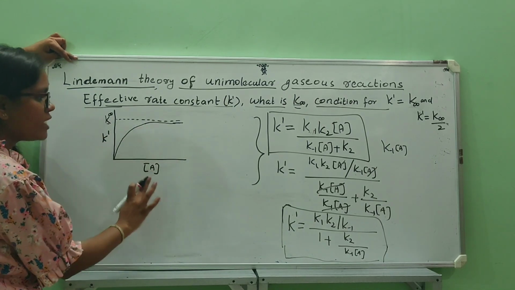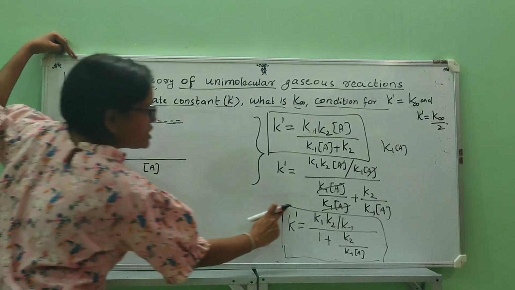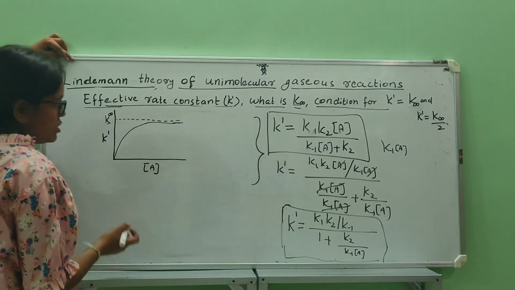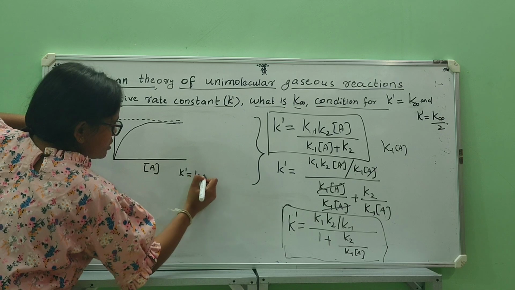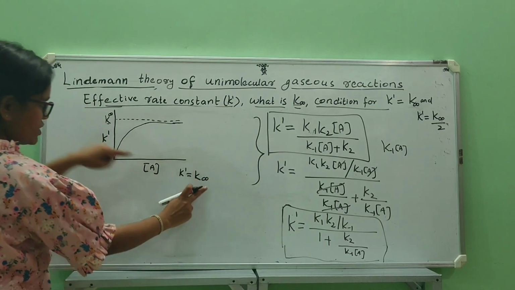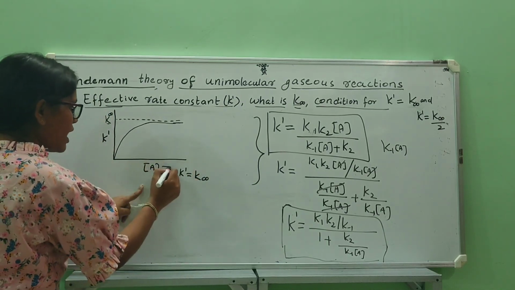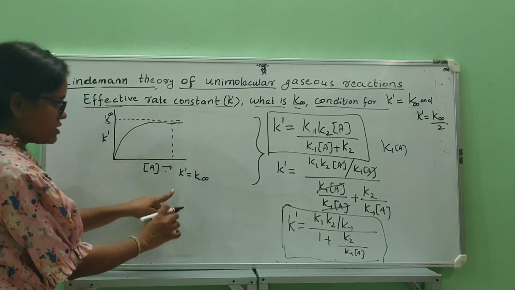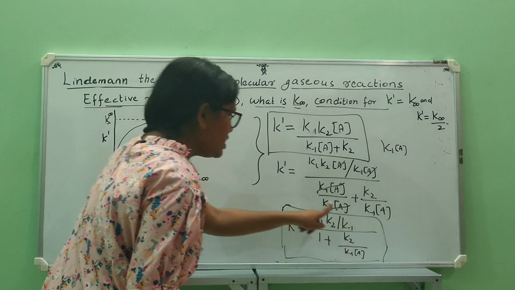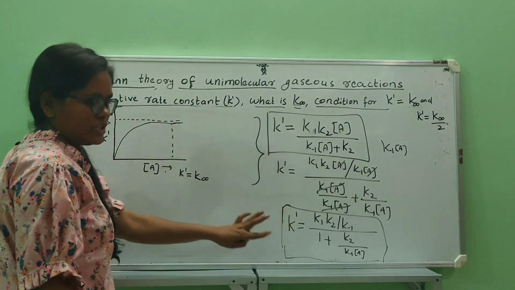Now let us try to find the value of K infinity from this equation. So when K dash becomes equal to K infinity, what is the condition for K dash to become K infinity? That is high concentration or high pressure of gas, right? So at high concentration, let us see what happens to this equation.